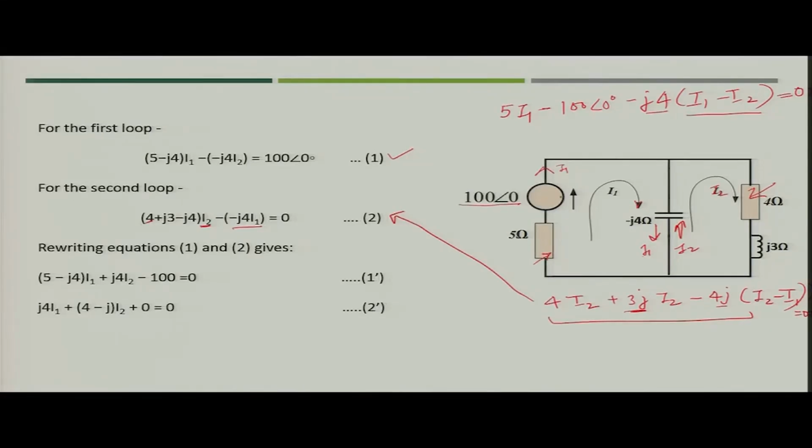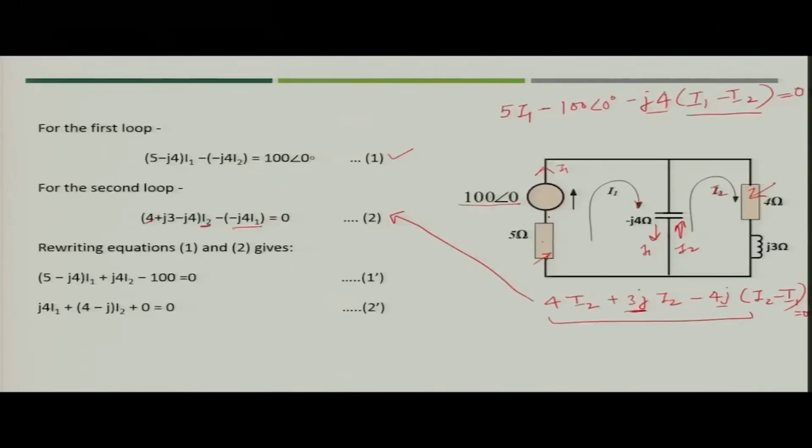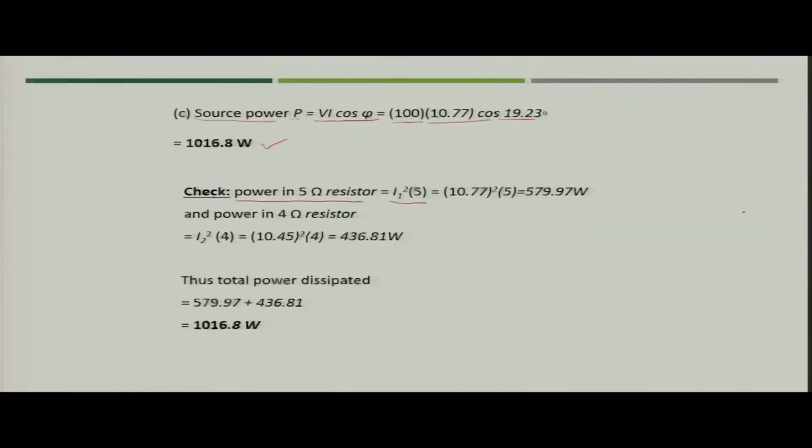So, if you want to know what the active power being delivered by the source is, you have to simply find out what the power being absorbed by these two resistances. So, now power in 5 ohm resistor is nothing but I1 square into 5, because the current flowing through 5 ohm resistance is simply I1, and for 4 ohm the current flowing is I2.